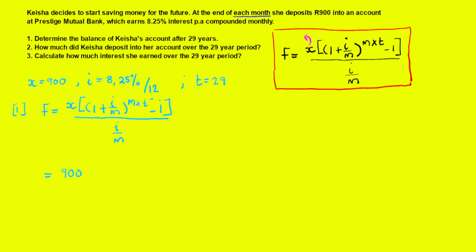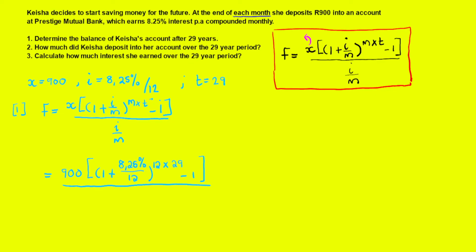Now, wherever we see X, we put in the consistent amount. Wherever we see I, we put in the interest rate. Since it's compounded monthly, you have to divide it by 12, raise it to 12, multiplied by the number of years. In this case, it's 29. Don't forget to subtract 1 once you're done.